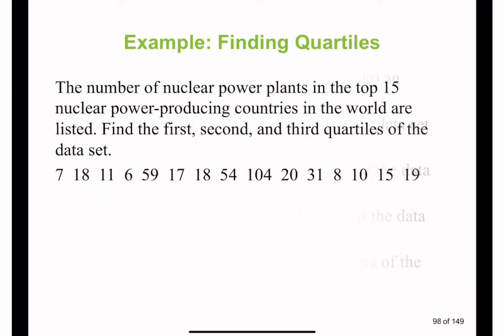Okay. So here is an example, finding quartiles. So let's see where we can use this quartile. The number of nuclear power plants in the top 15 nuclear power producing countries in the world are listed. Find the first, second, and third quartile of the data set.